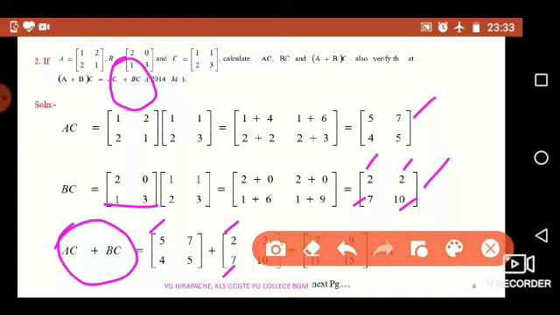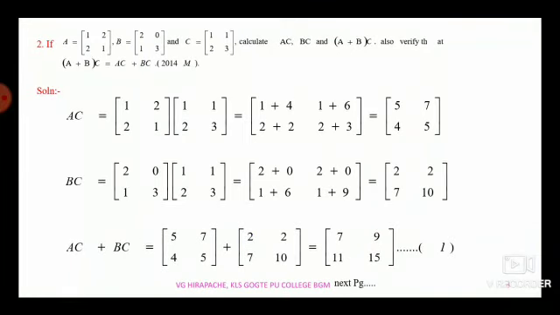Therefore, the sum of these two matrices is 5 plus 2 gives 7, 7 plus 2 gives 9, then 4 plus 7 gives 11 and 5 plus 10 gives 15. Therefore, we have the matrix containing the elements 7, 9, 11, 15. This is our right hand side of the required equation. Let me denote this as equation number 1.